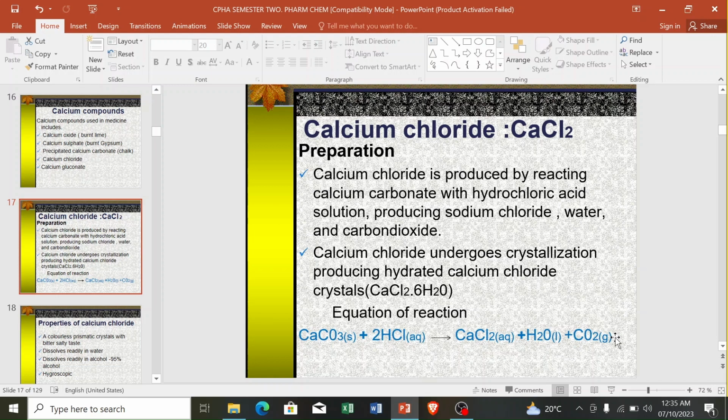So we pass this carbon dioxide gas through calcium hydroxide. When we pass our carbon dioxide gas through calcium hydroxide, we expect to see a turbid solution if whatever we have passed in is indeed carbon dioxide gas. If it is not, we shall not see a turbid solution.